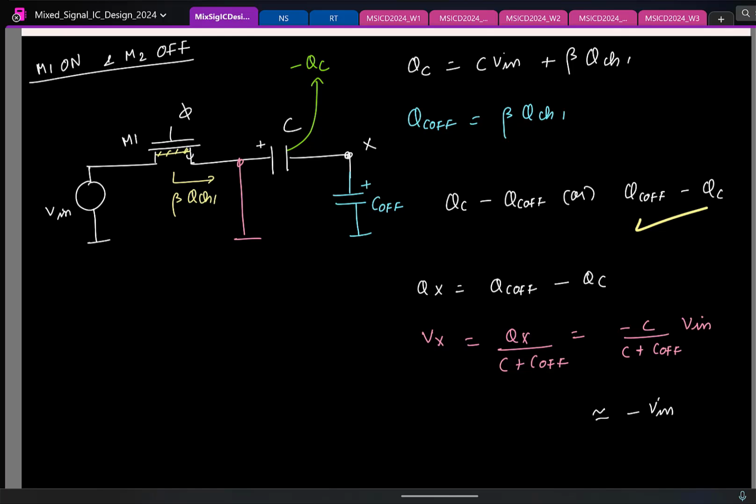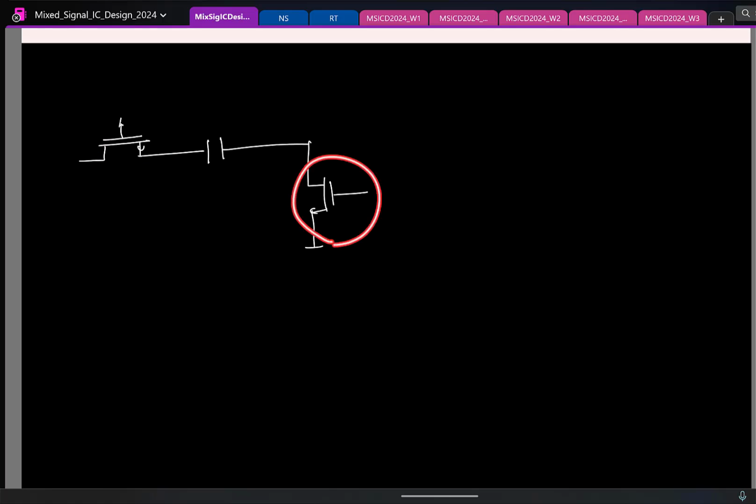So now, let me just rewrite this. What we are essentially doing is this. I have the sampling network like this. I will show it with ideal switches for now, or maybe I will show it with a MOS transistor. This was my original sampling network. Instead of having one sampling switch, I decided to do bottom plate sampling so that no channel charge from this gets injected here.